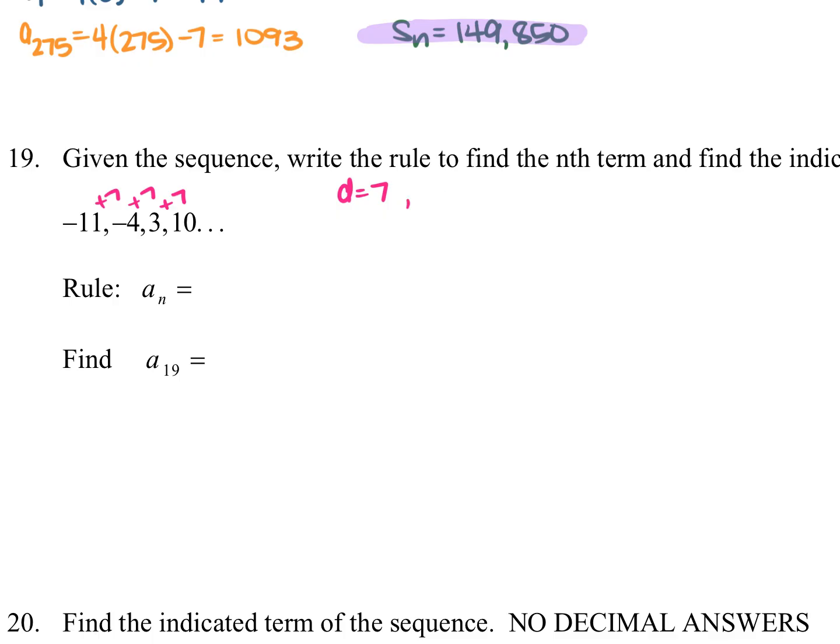Your first term is the negative 11. And your rule is going to be negative 11 plus n minus 1 times 7, which gives us negative 11 plus 7n minus 7, which means our rule is 7n minus 18.